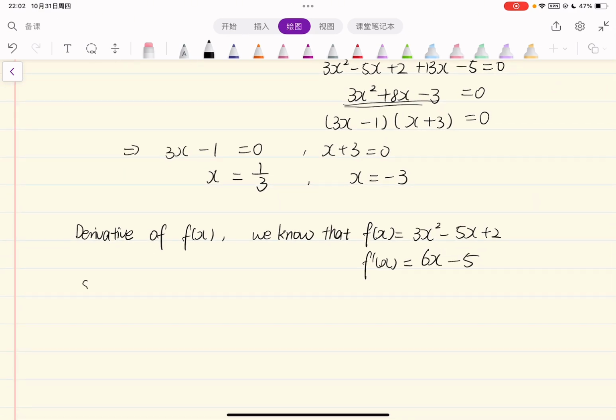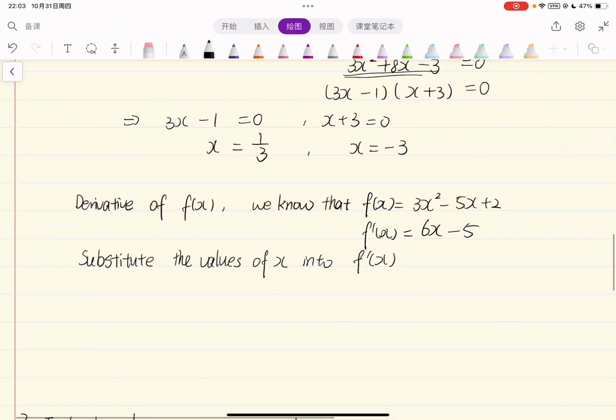Now we can substitute the value of x into the derivative of f(x). When x equals one third, the derivative of f(x) equals 6 times one third minus 5 equals negative 3.